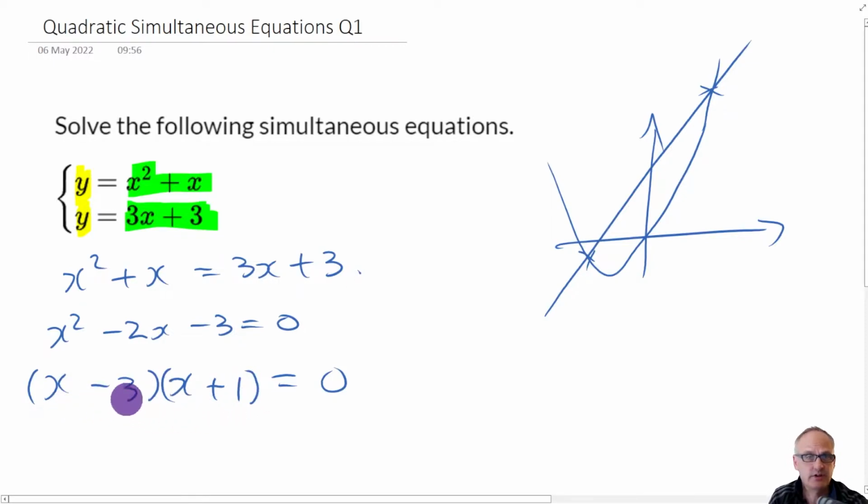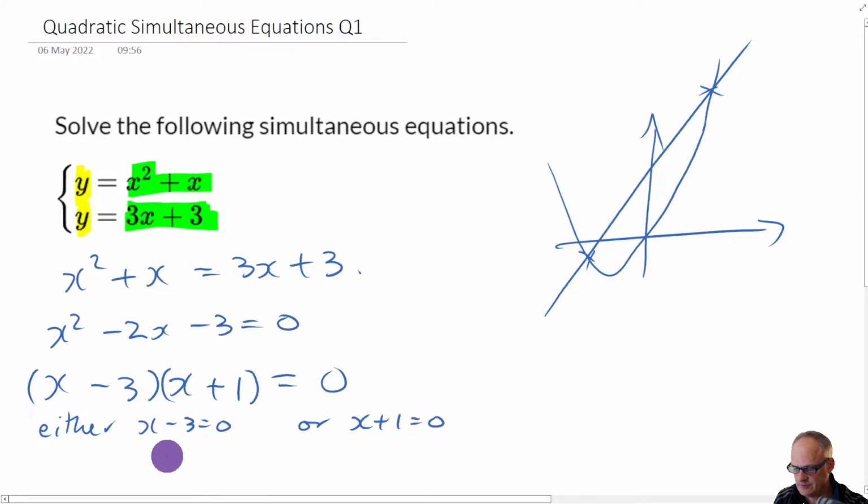Add those together, you get minus 2x. So this means either x minus 3 equals 0, or x plus 1 equals 0. Now if this equals 0, then x must equal 3, and if this equals 0, x must equal minus 1.